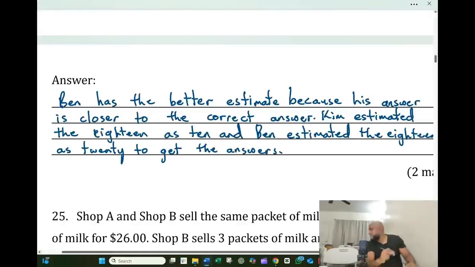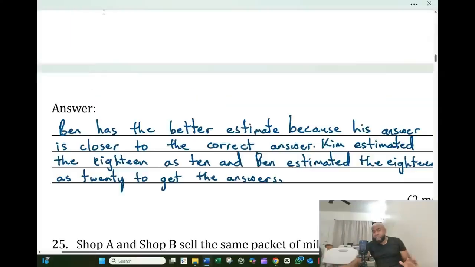Book it. Now, if you write it differently, that's okay. Once you have the same idea, you will get your full marks.